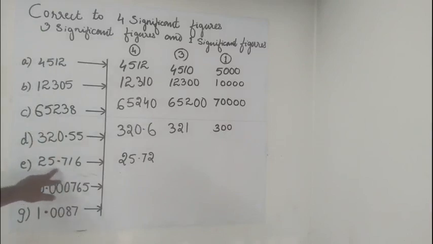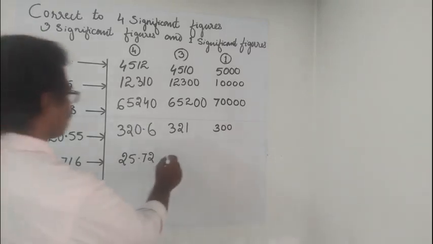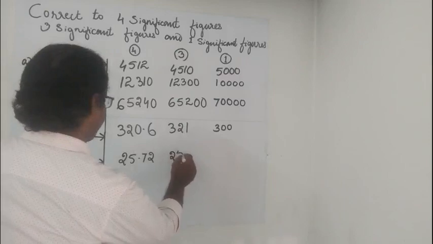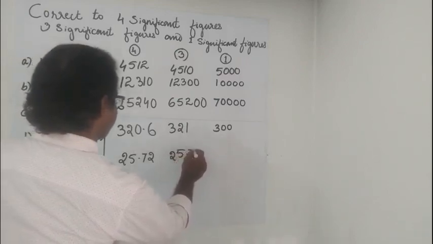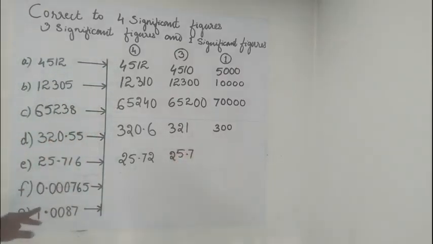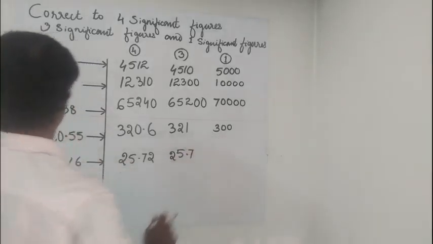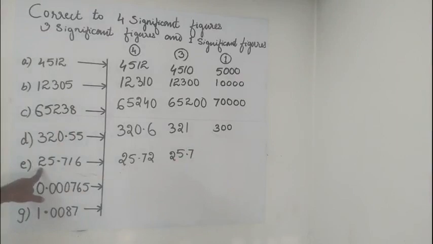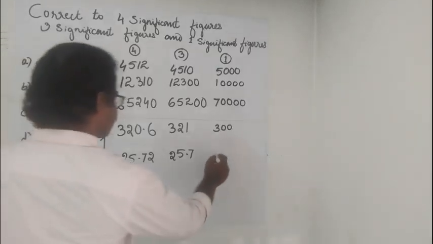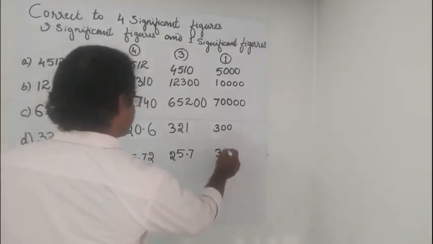So we want 25.7. Okay, that is 25.7. Next, one significant figure. So we have to focus on 2. After 2 there is a 5. So we have to add 1 to this number. Okay, that is how much? 3 and becomes 0.